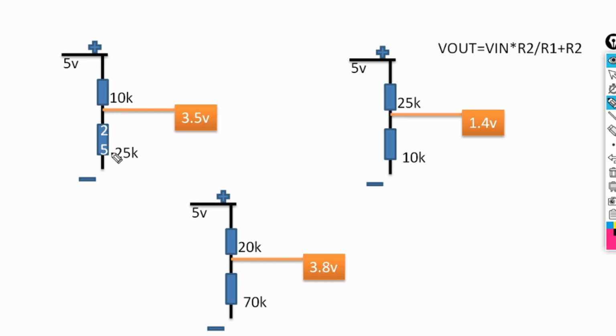We have two resistors, R1 and R2. R1 is connected with the voltage line and R2 is connected with the ground. Whenever a resistor is connected with the voltage line, it's called a pull-up resistor. When a resistor is connected with the ground, it's called a pull-down resistor. What are pull-up and pull-down?